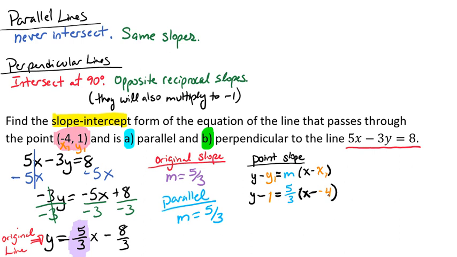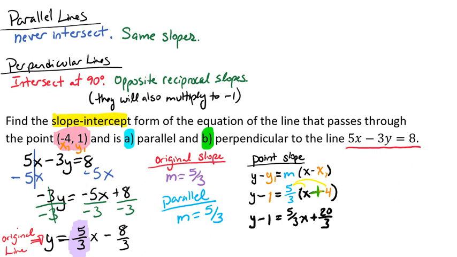Now remember, if we have double negatives, that actually means that we can add those together, right? That's like a plus sign. Then we're going to distribute our 5/3, which is going to give us y minus 1 equals 5/3 x plus 20/3, because 5/3 times 4 is 20/3.